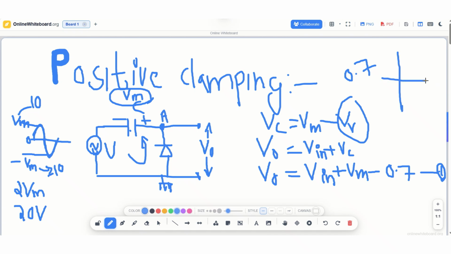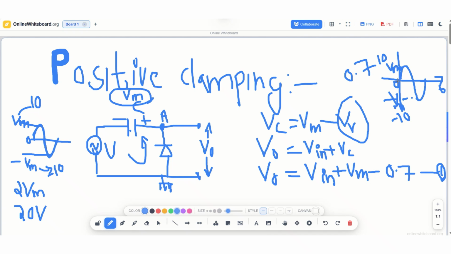Under positive clamping, we can apply a sinusoidal input signal. This is the zero potential, this is the Vm potential, and this is the minus Vm potential. I already said that we are applying Vm as 10 volt and minus Vm as minus 10 volt.